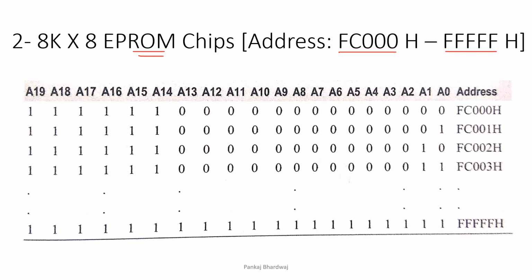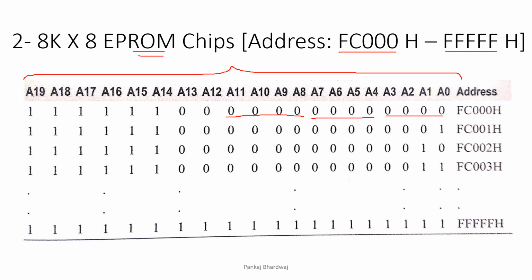Now to have the FC000 address, we need to maintain these 20 address lines in this fashion: 0, next 0, next 0, next is C, that means 8 and 4, 12, 0, 0. 12 is C, and this is F. So FC000 is the starting address of the memory, and FFFFF is the ending location of the memory.